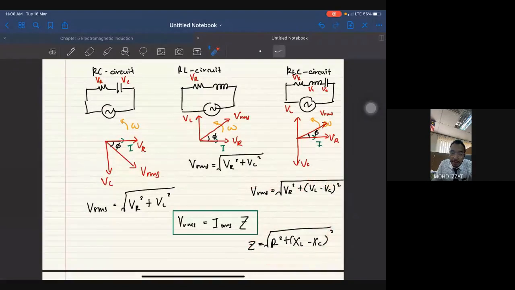Okay. In fact, you can also write the equation of the phasor diagram in terms of the resistance itself. So saya boleh tulis dia sebagai R, XC juga. Yang ini adalah dia punya Z. Itu tak ada masalah. Dia memang directly correlated like that.